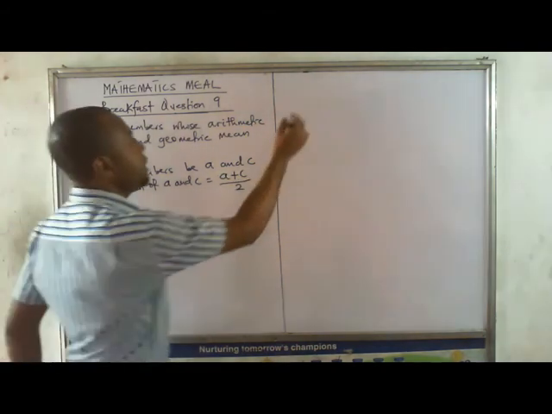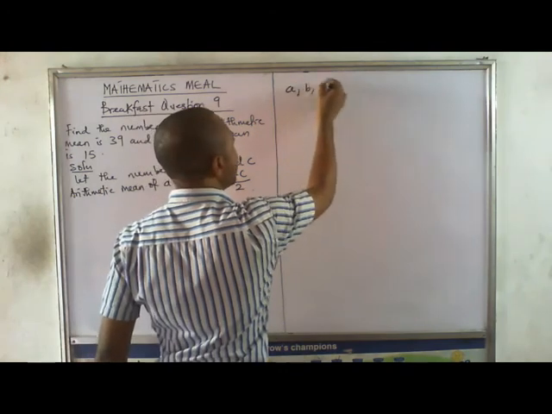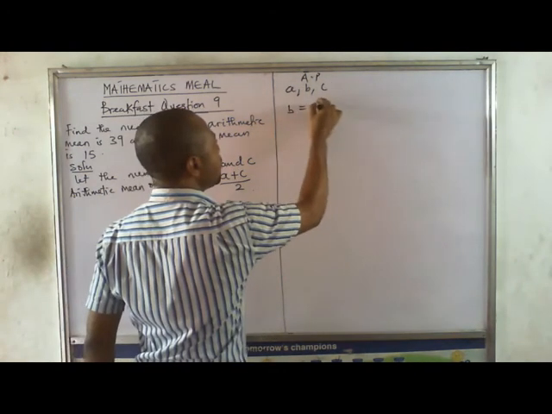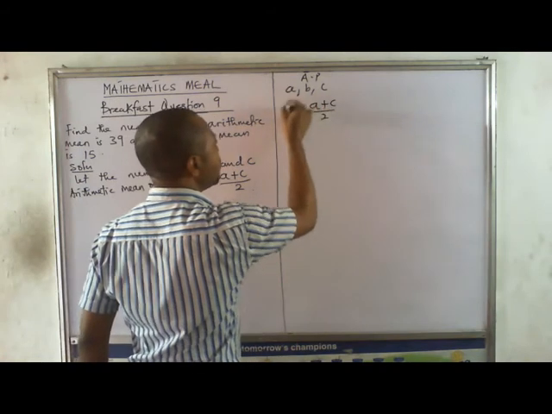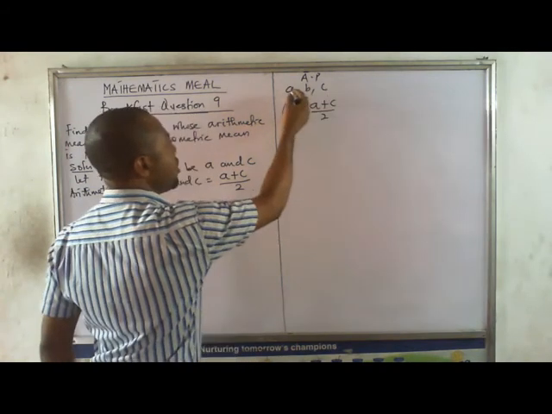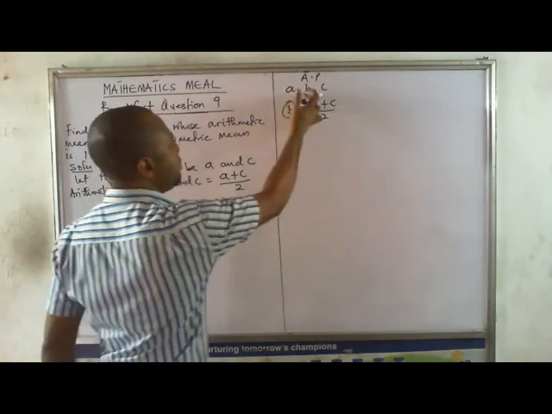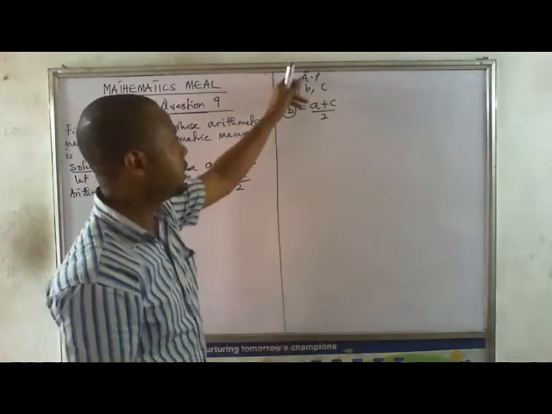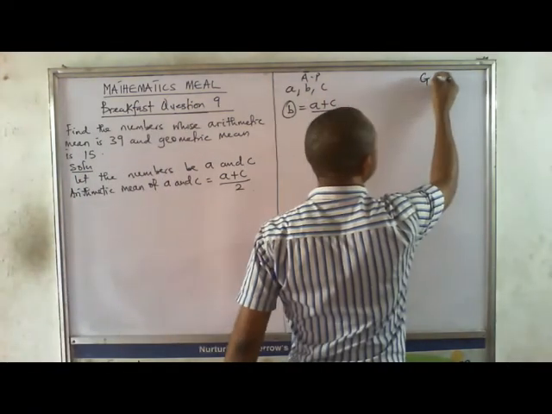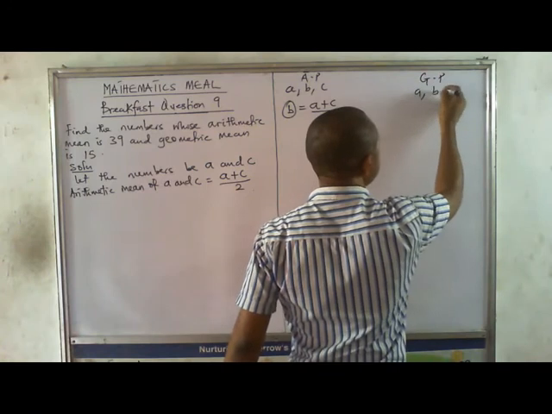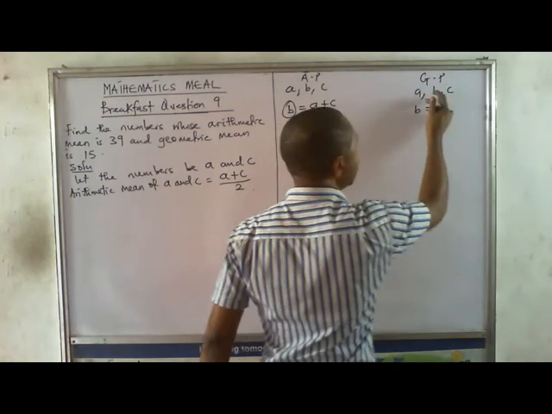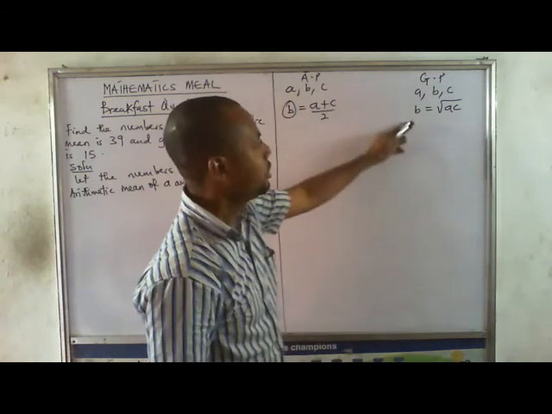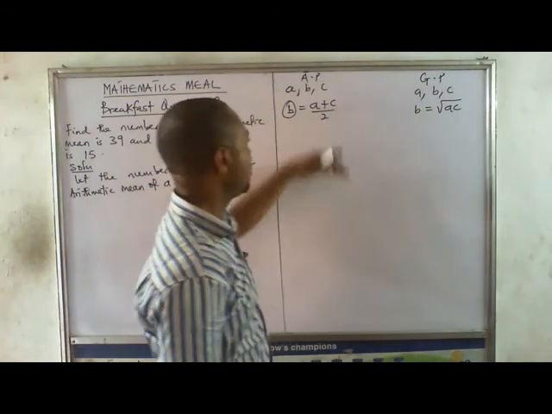So in AP, if I have A, B, and C in arithmetic progression, B is equal to A plus C divided by 2. B is the arithmetic mean here because A, B, C are consecutive terms in this AP. Then if I have a GP with terms A, B, and C, B is the geometric mean, and that is the square root of AC.